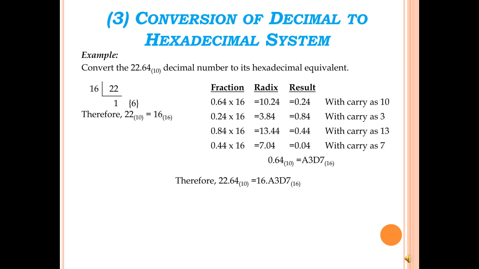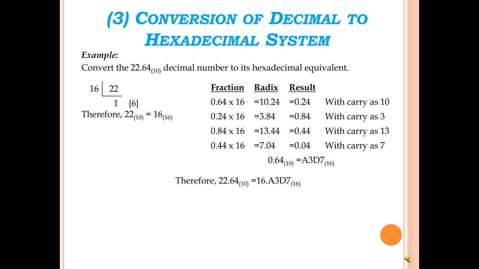So we have one number before the dot, that is 22. In the multiplication table of 16, we do not have 22, but we have a value less than 22, that is 16. 16 multiplied by 1 gives the answer 16, and we have left the value 6.